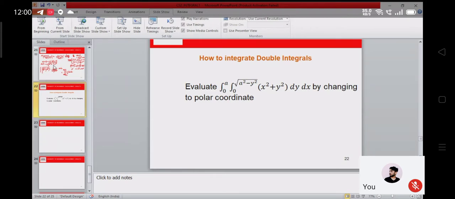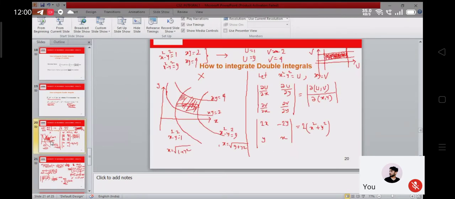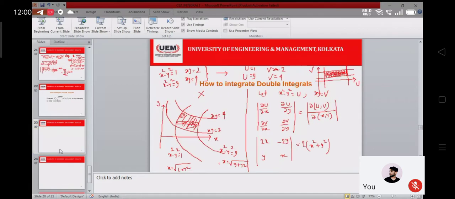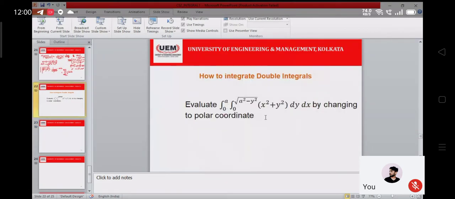For help, like here, I drew this and showed you that this is the region of integration. Similarly, for this problem, what is the region of integration?